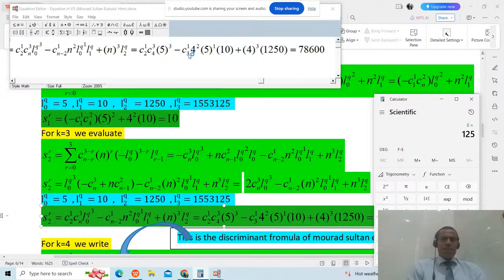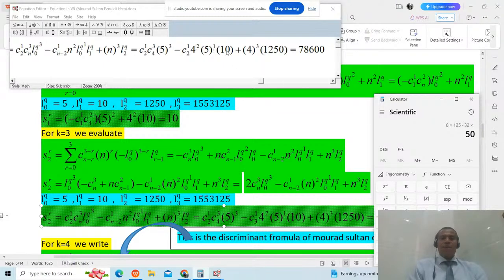This is 2, learners, because the highest power is 4, and 4 minus 2 gives 2. Then n squared means 4 squared, times L0 means 5, times L1 means 10. Therefore minus 2 times 16 is 32, times 5 times 10 is 50, because 2 multiplied by 4 squared, 16, multiplied by 2 is 32.